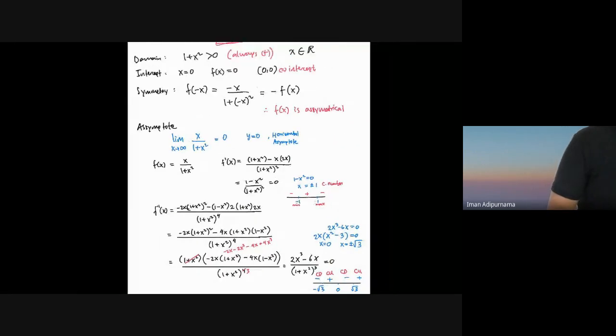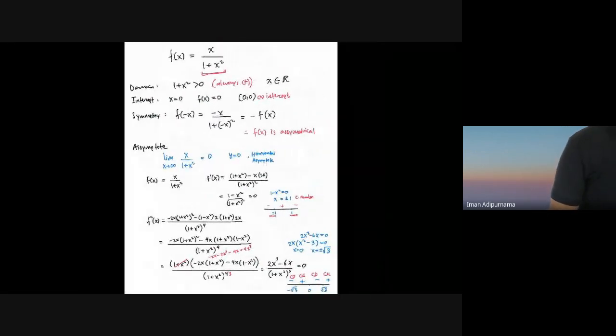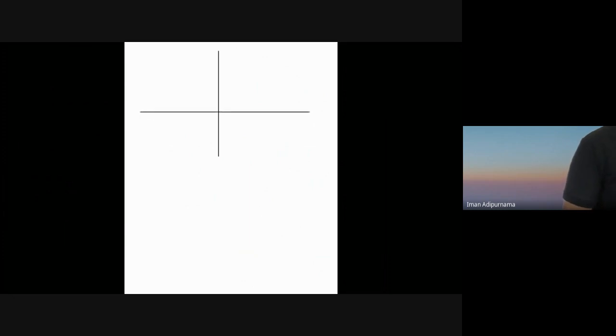Okay, now let's draw the graph. I need to take another slide. We need to make a graph that has -1 and 1 for its minimum and maximum, and also the square root of 3. Square root of 3 maybe around here.